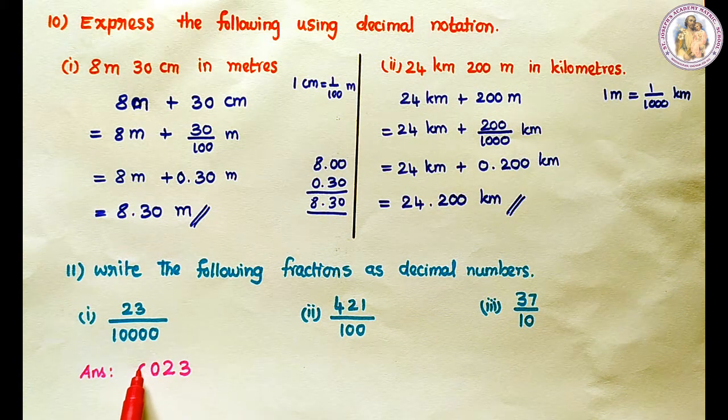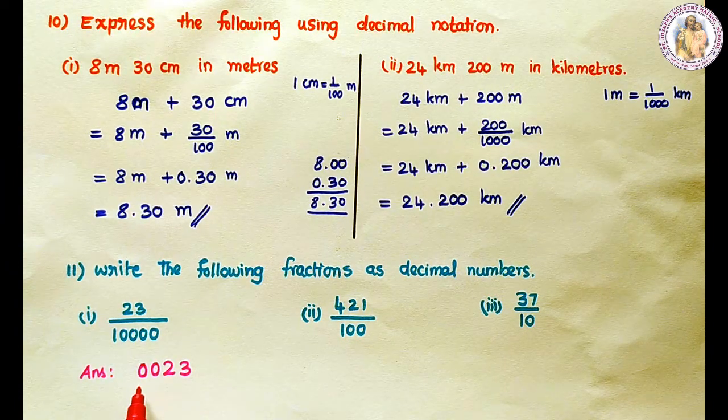So before that we add 2 zeros. Now 1, 2, 3, 4 digit before we keep the point. Now whole number is not there, so 0.0023 is the answer.